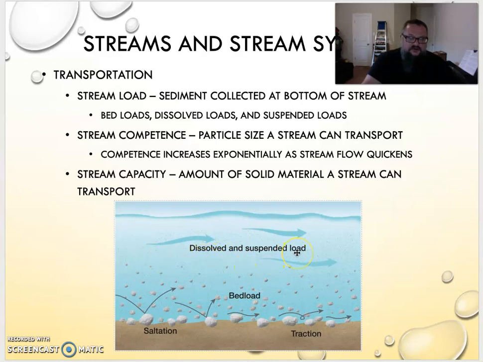These would be those small particles of soil, or the smallest tiny bits of rocks. Each of these kinds of loads can make up a large component of what in totality the stream is carrying. There are a couple different kinds of movement that we want to be aware of in terms of how streams move stuff.